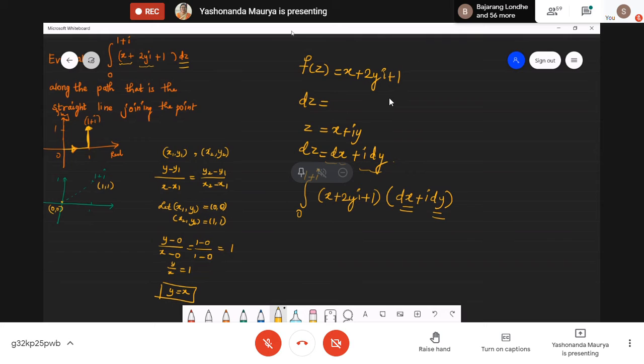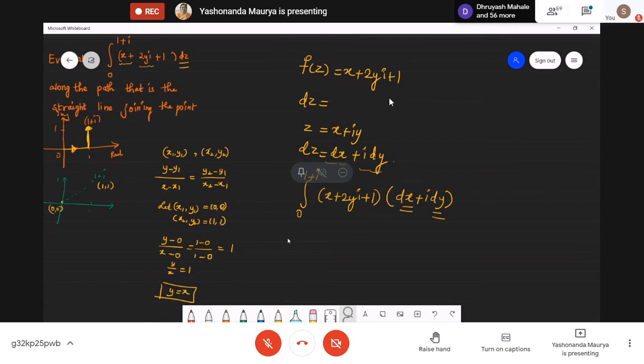When we are having 2 variables, it is difficult to deal with this. How do we get past this particular problem? We have to do the integration along this particular curve. The curve equation is nothing but y is equal to x. So we will be making use of this.